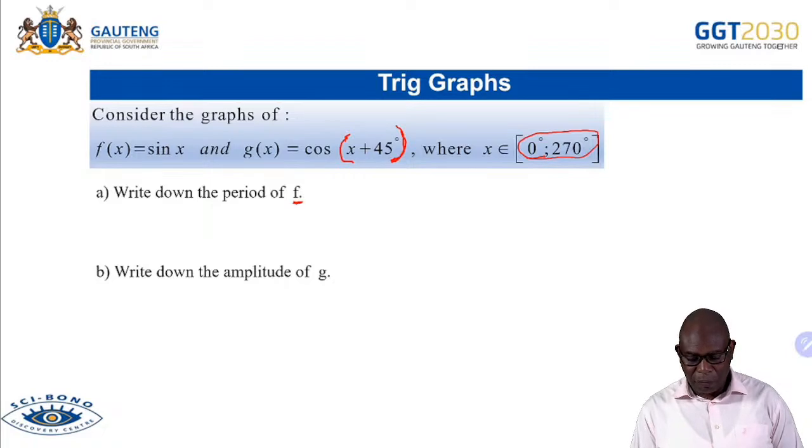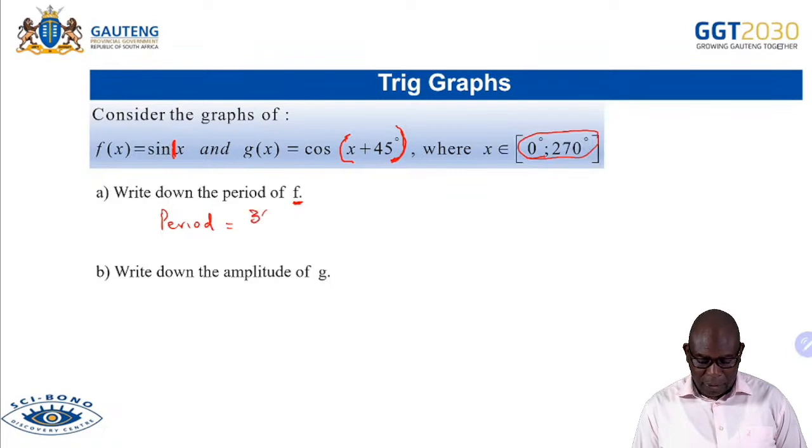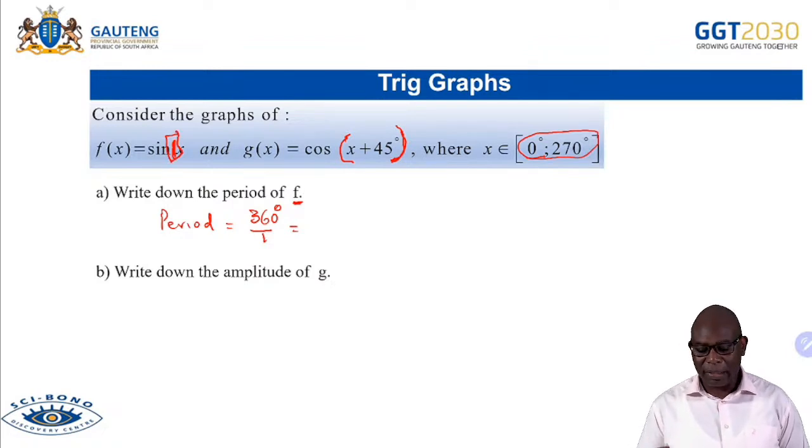What is the period of f? We see a 1 there, but the period is not 1. Remember the period of that graph is going to be 360 degrees. I prefer writing it like this, because if that number there was a 2, I'll say 360 divided by 2.